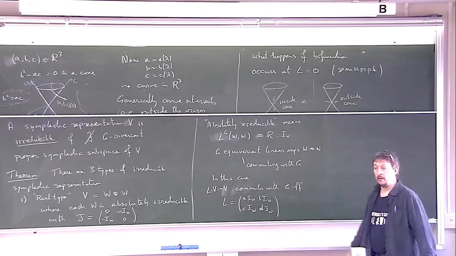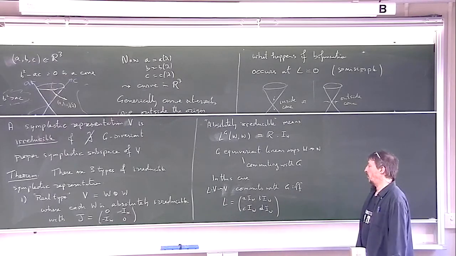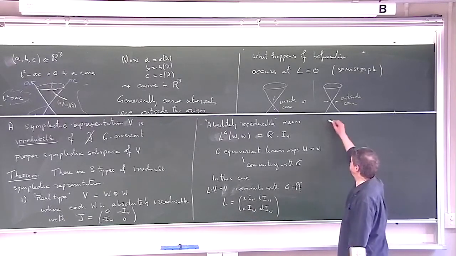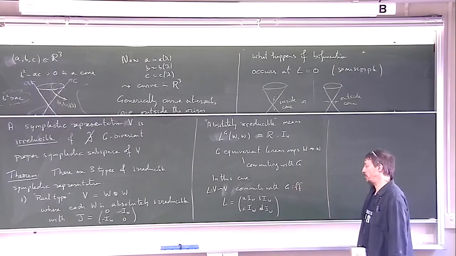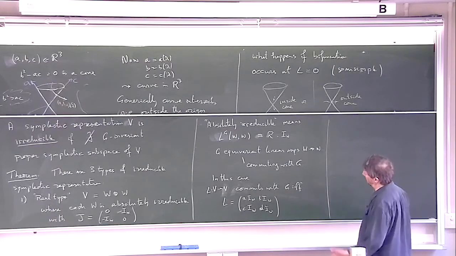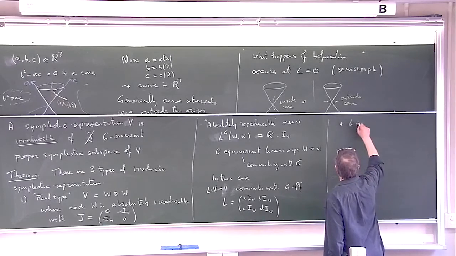There's no other way an element can commute with the symmetry. So that's the first type. Oh, and I should say, and L is Hamiltonian.